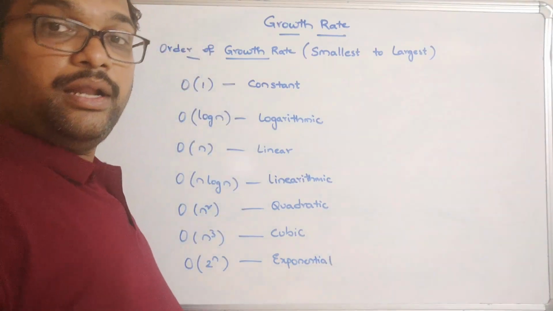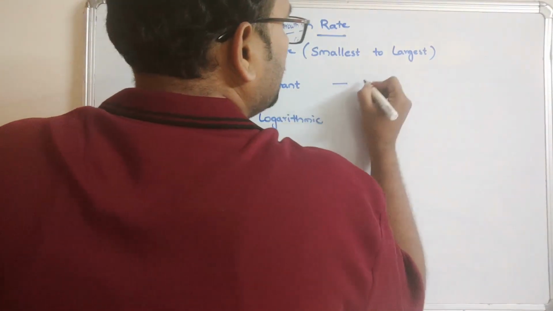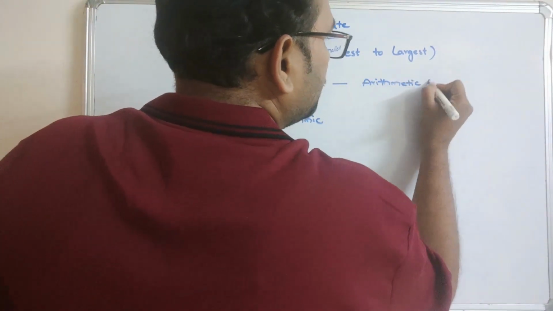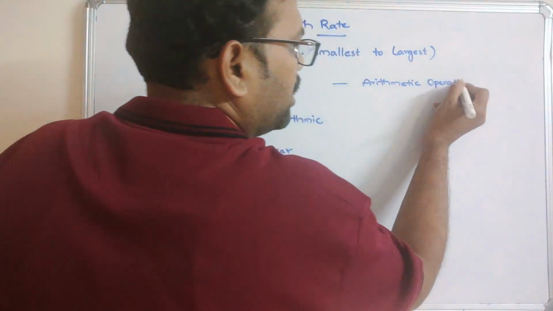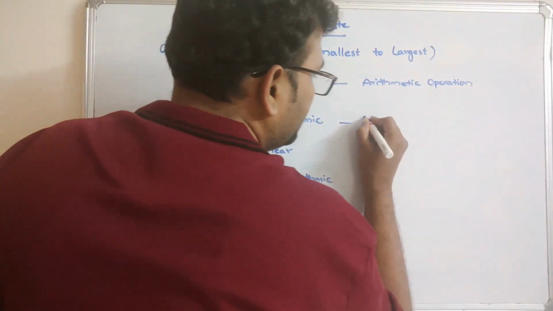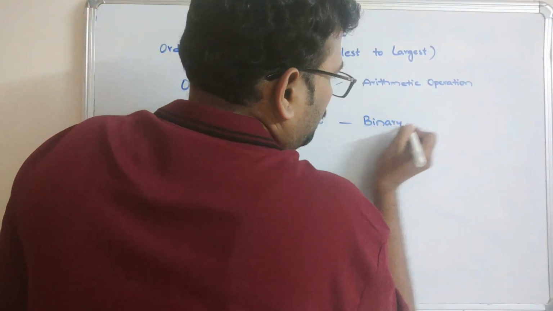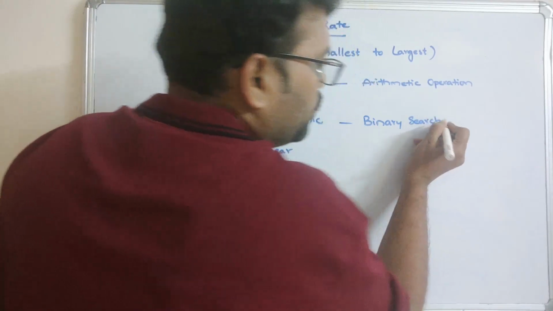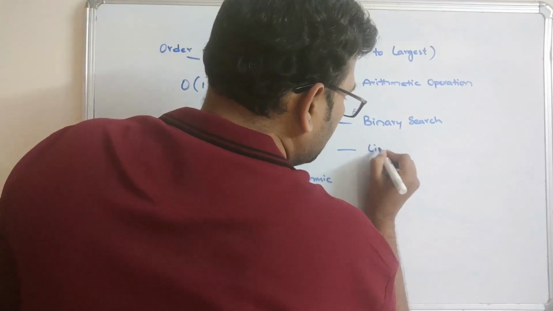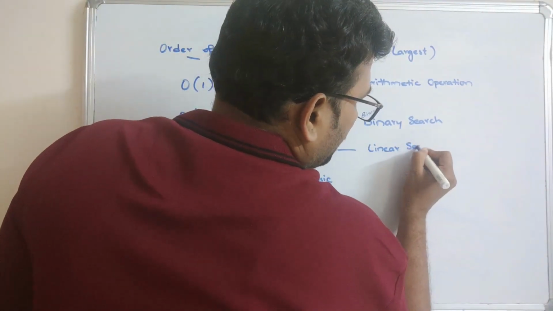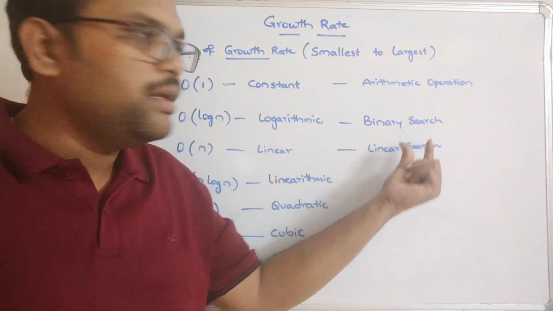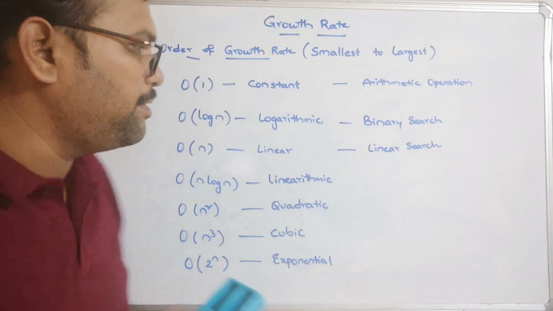Examples for this: for constant, all arithmetic operations, addition, subtraction, multiplication. Coming to log n, it's binary search, where the search space is reduced every time. This is linear search, that means searching the element in sorted order, searching the element in unsorted order.